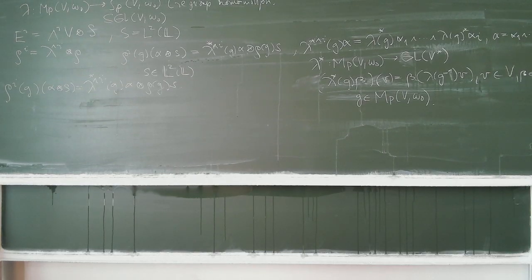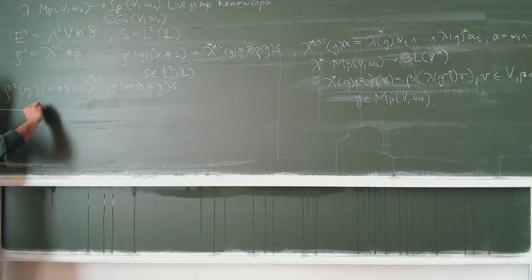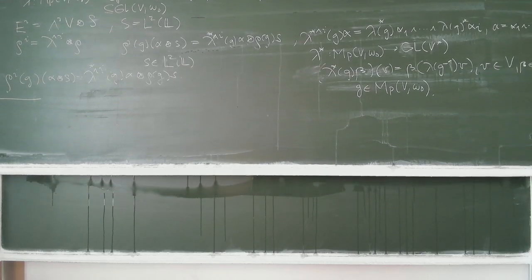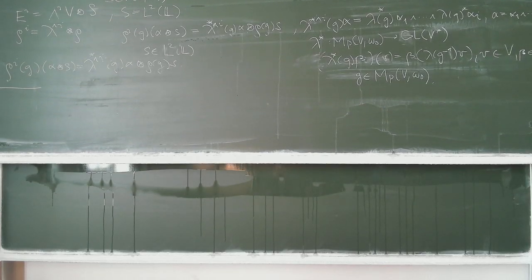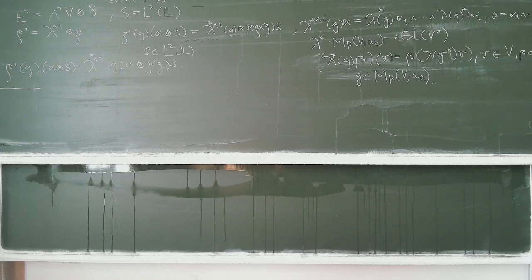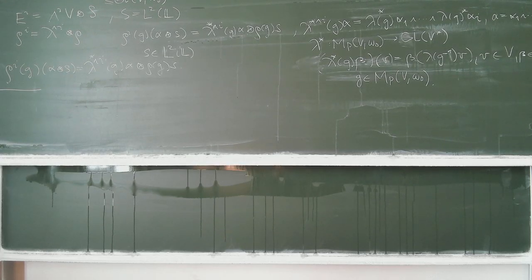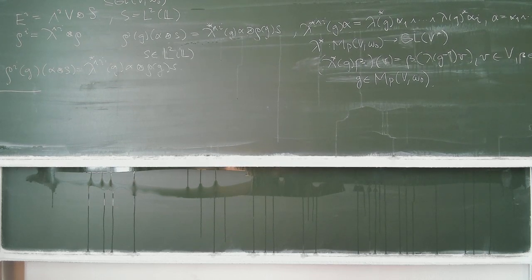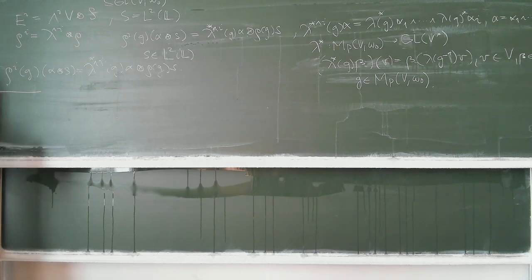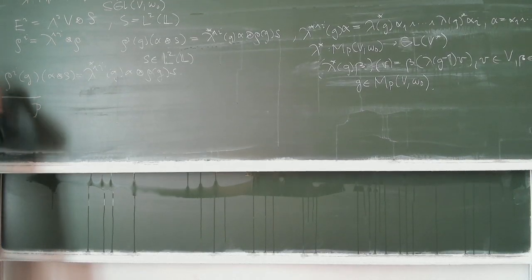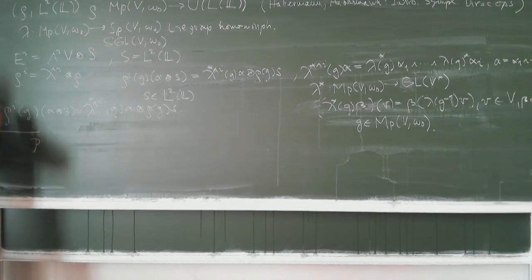So you can induce this representation to any principal bundle for the group MP and obtain a sequence of spaces. So we do it. The representation is here.